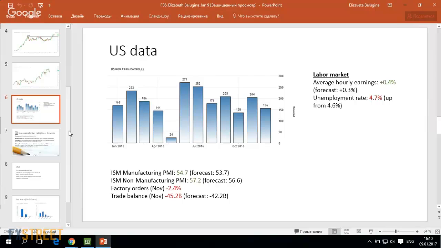This is one of the most watched Forex indicators, and of course it is very important for the US Federal Reserve, and because of that it is important for all of us who trade the US dollar.